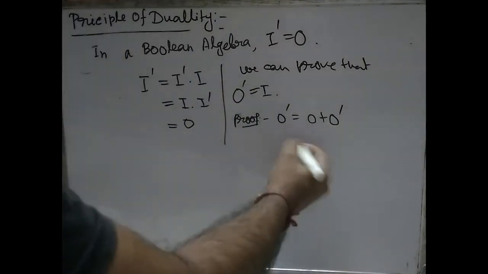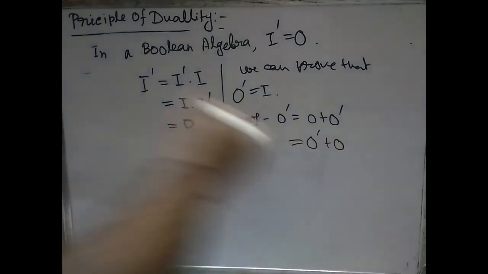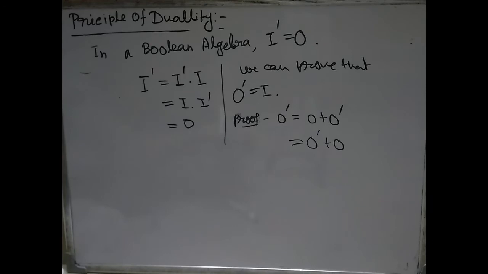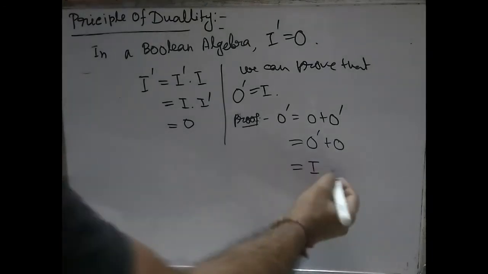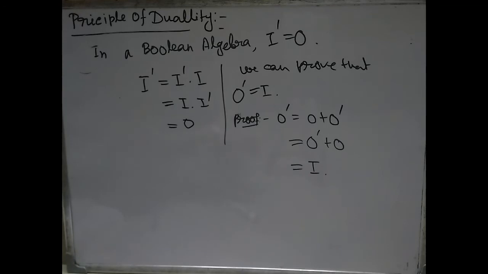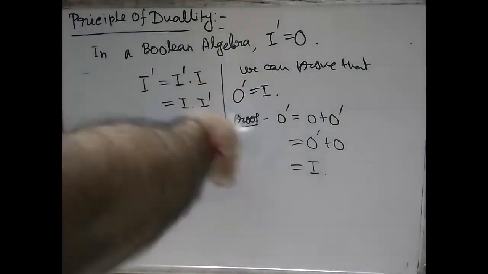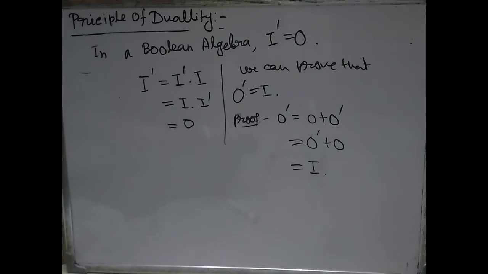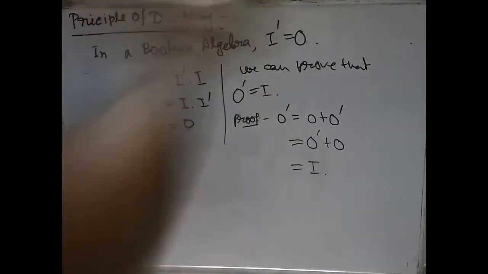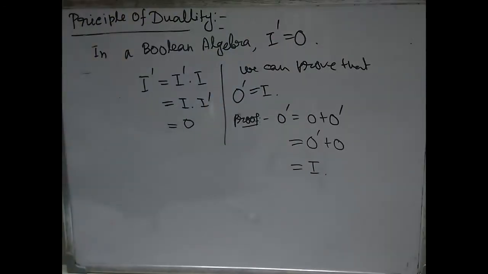Since plus is commutative, that means 0 dash plus 0, and this equals I. So here observe that the property and its dual are proved in a few similar steps, the dual operations being performed in corresponding steps. So this is our property and this is the dual of the property.